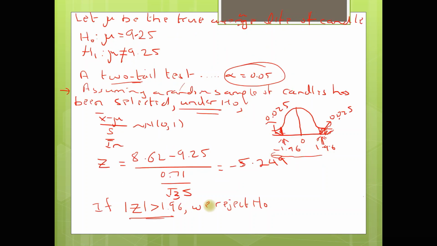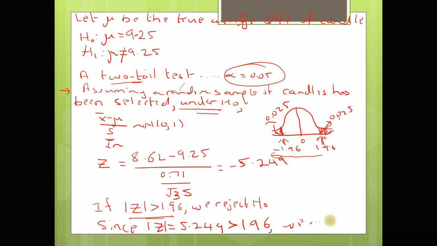The conclusion is, since the modulus z that you have computed is 5.249, does it go according to the rejection region? Yes, it is greater than 1.96. We therefore reject the null hypothesis at the 5% level of significance.